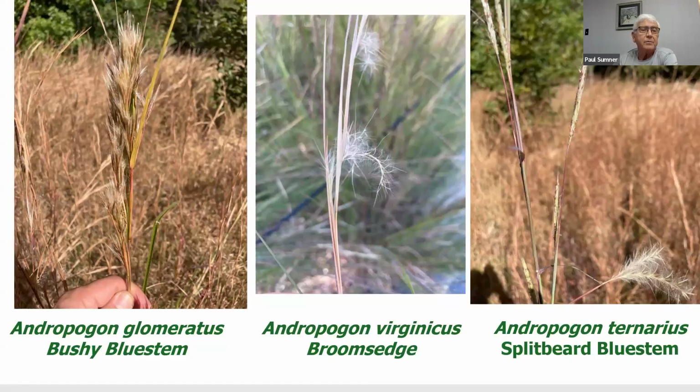This is some examples of grasses: the bushy bluestem, and you can see why it gets the name bushy. And then the regular old broom sedge. And then on the right is the split beard, and it gets its name from the characteristic of the spikes splitting out there on the end.